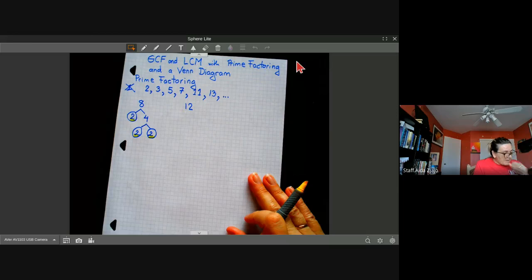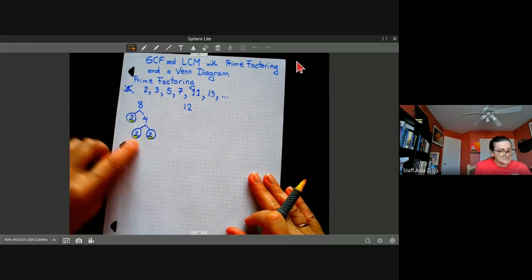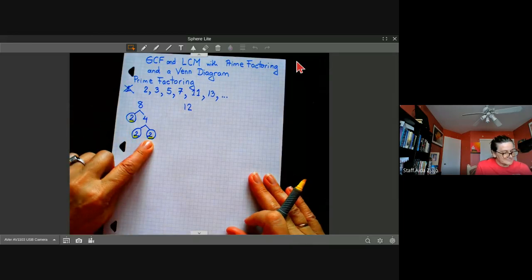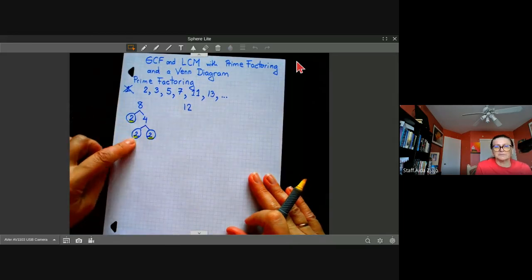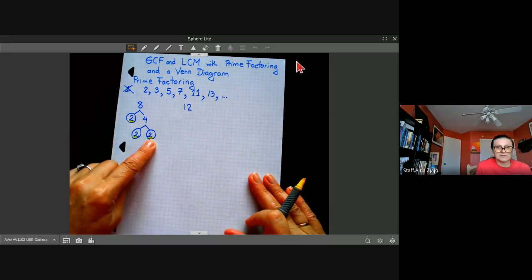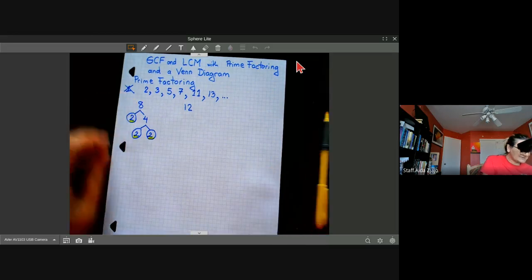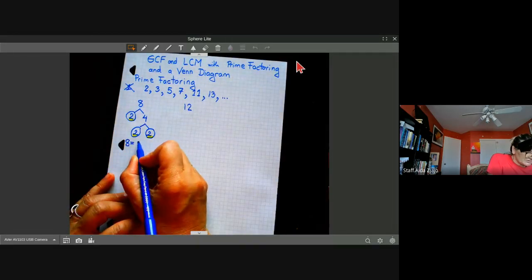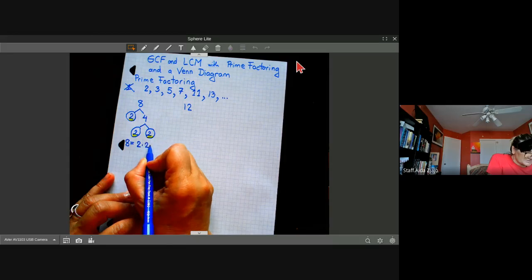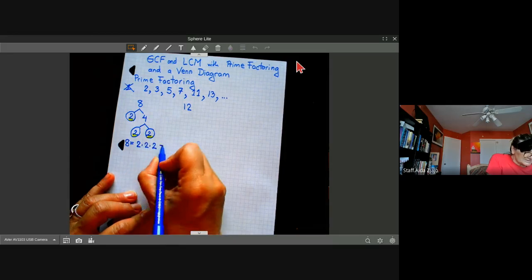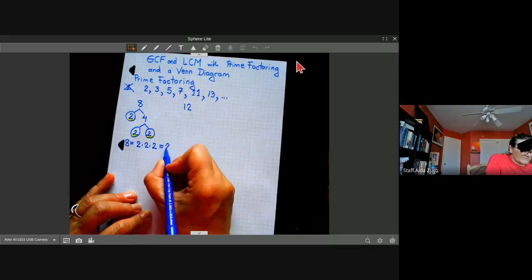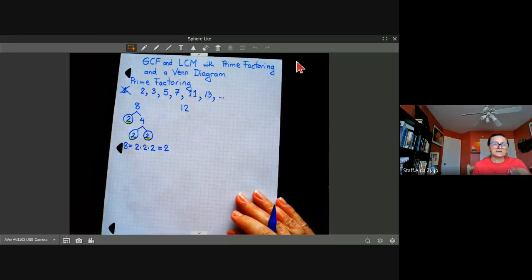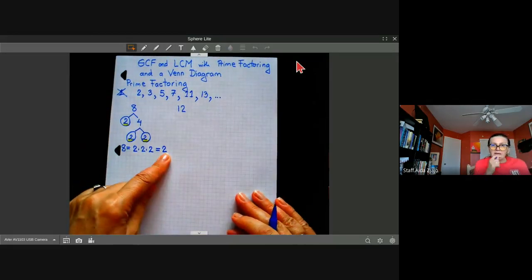Alexander, what is 2 times 2 times 2? 2 times 2 is 4, and times 2 is 8. There you go. So 8 is equal to the primes 2 times 2 times 2, which is 2 to the power of what? Who knows? 2 to the power of what?